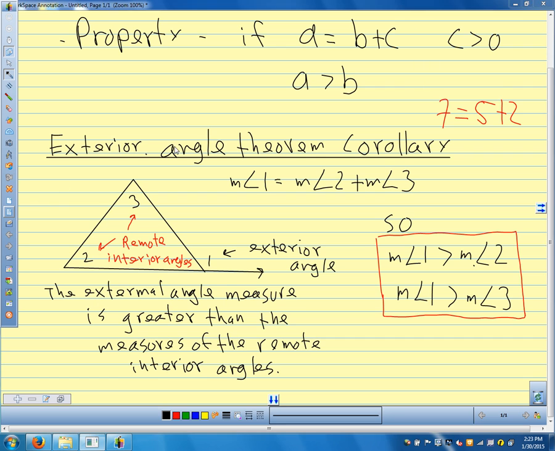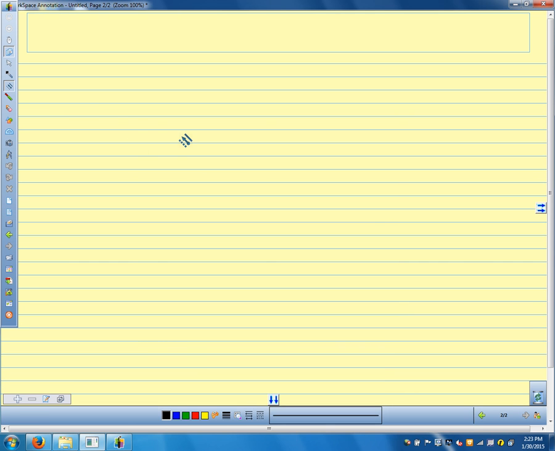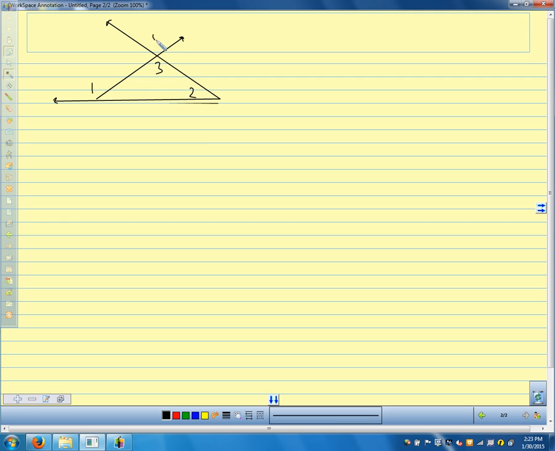Let's look at an example. So here's a picture that we're going to look at. I'm going to call this angle 1, 3, 2, and 4. And we want to know, how do measure of angle 1 and measure of angle 4 compare?